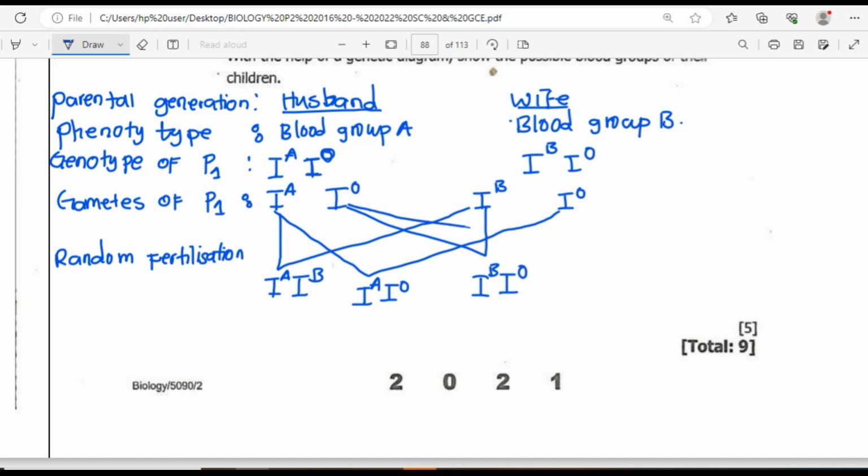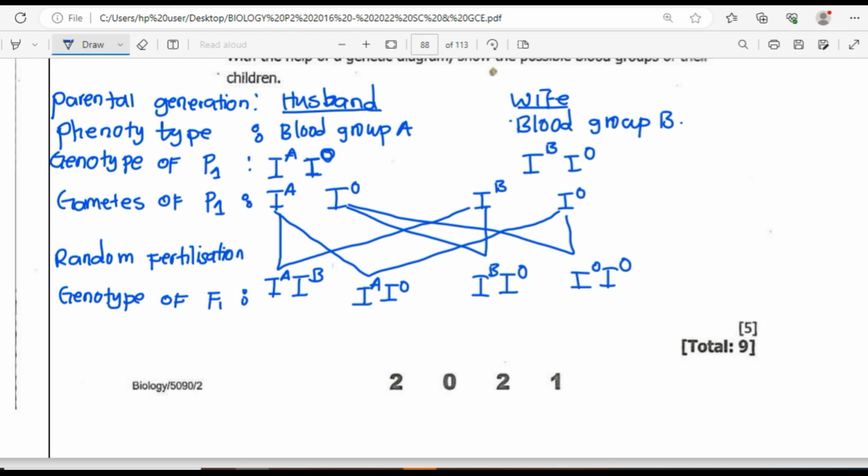Okay, then here we'll say genotype of F1. There is a chance of having AB, and remember AB is just codominance.